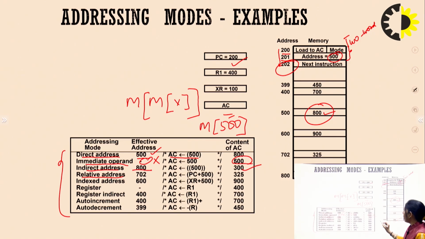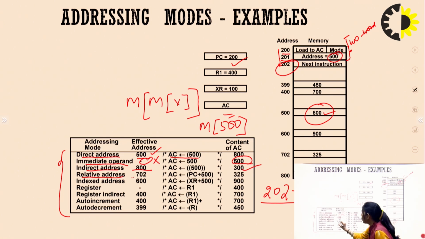So 202 will be added to the value of the address, that is 500. So it will naturally point to 202 plus 500. That means it will point to 702. So 702 was containing 325. So 702 will be the effective address. I hope it's clear to you.